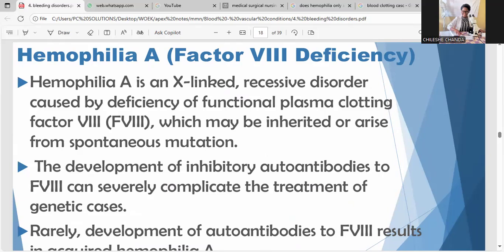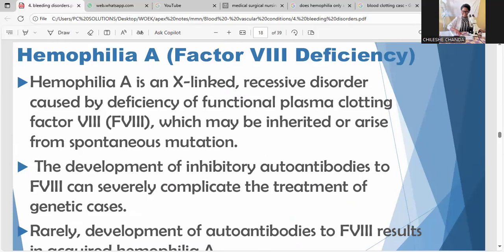Remember we said we have factors from factor 1 to factor 13. So when the patient doesn't have one of these factors, that means there's going to be a problem in the clotting mechanism. So first of all, we have hemophilia A. Okay, this hemophilia A is linked to the X chromosome. It is an X-linked recessive disorder.